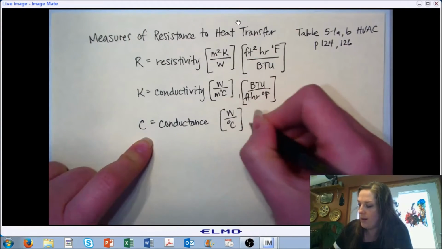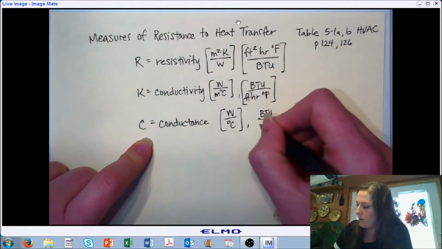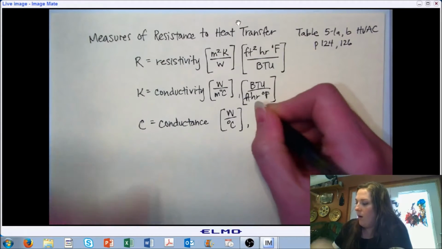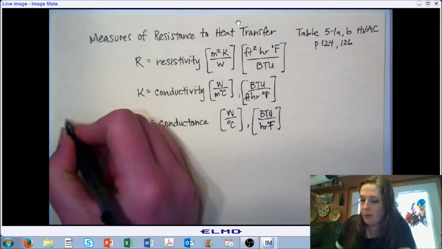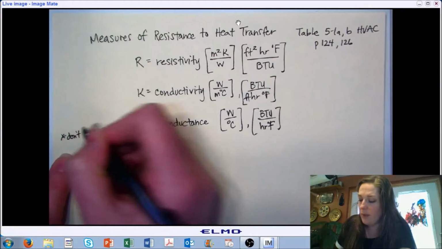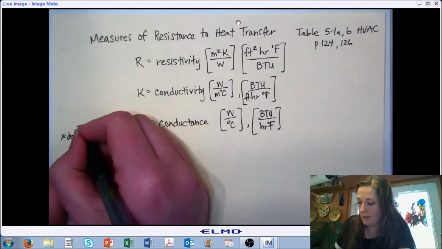Now here's another abbreviation to pay attention to. So be careful to not confuse C for conductance with degrees Celsius.